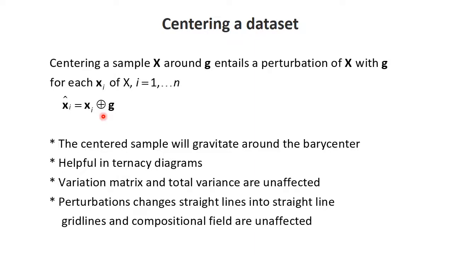Remember that perturbation was the operation we defined in the previous slide set. The centered sample will then gravitate around the barycenter of your data, and that will be helpful, as you'll see in the next slide, in better visualizing ternary diagrams. It will not affect the variation matrix or the total variance.